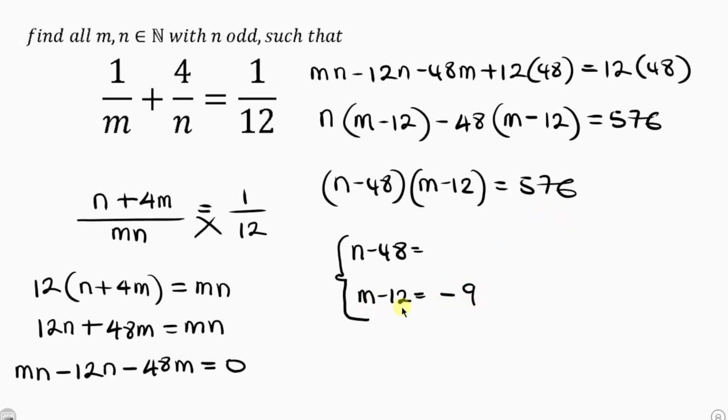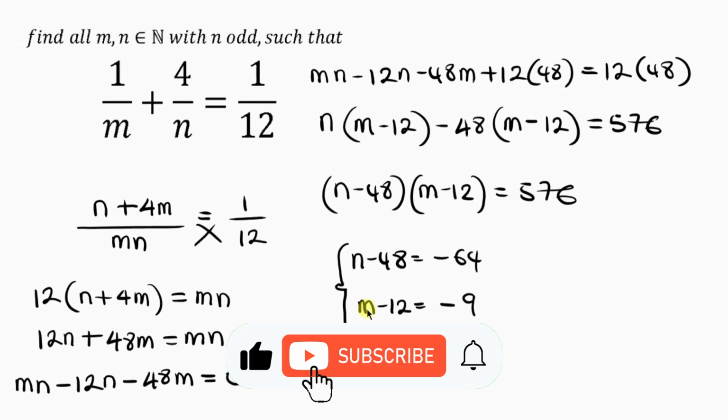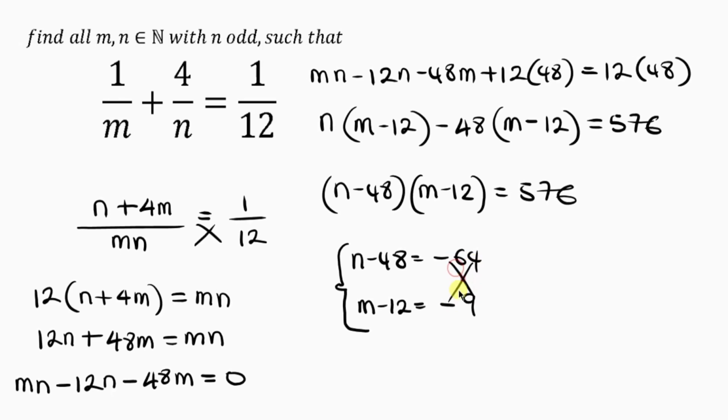So m minus 12 equal to negative 9. When I move negative 12 to the right hand side, you notice that I have m to be positive. So what can I multiply to give 576? When I multiply negative 9 times 64, this will be negative 64. So negative 64 times negative 9 is going to give me 576. But notice that m is going to be positive, but n will be negative. So this will not work.